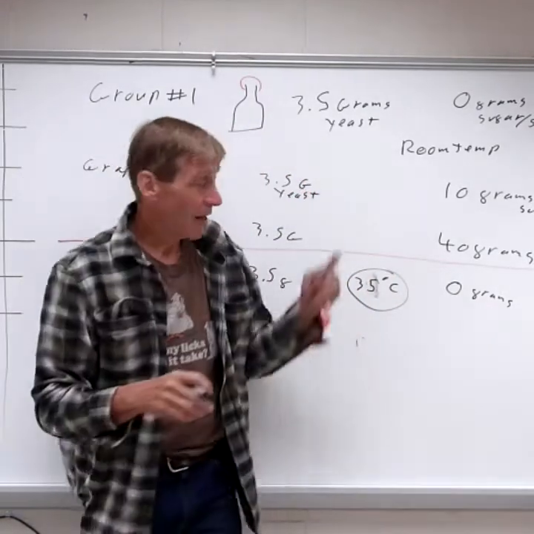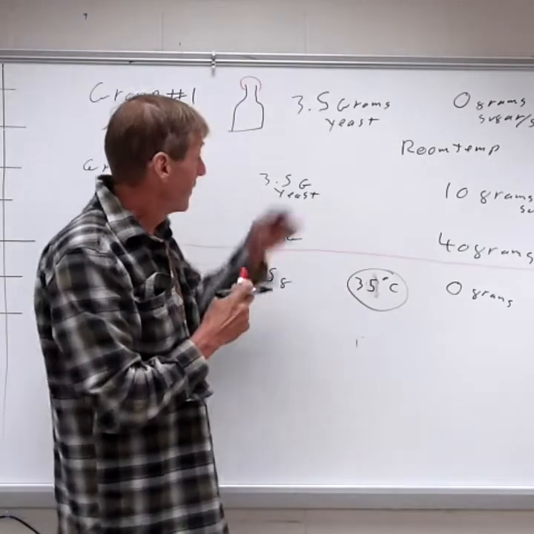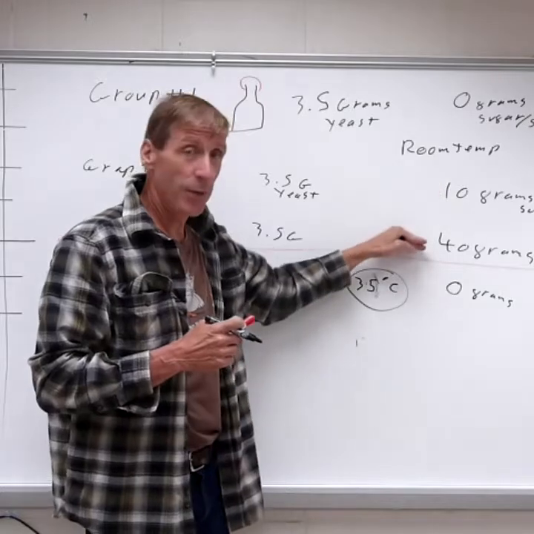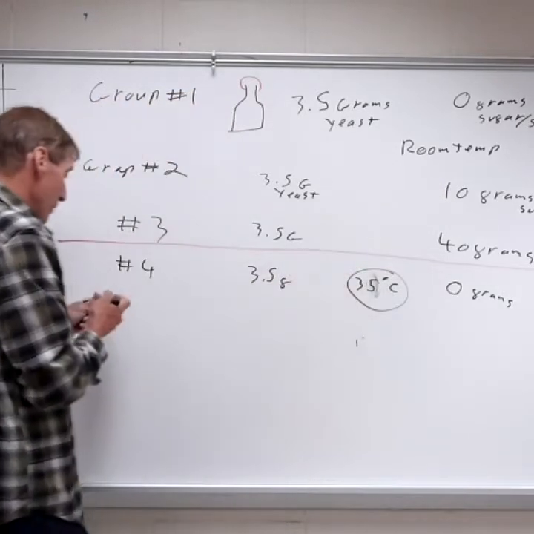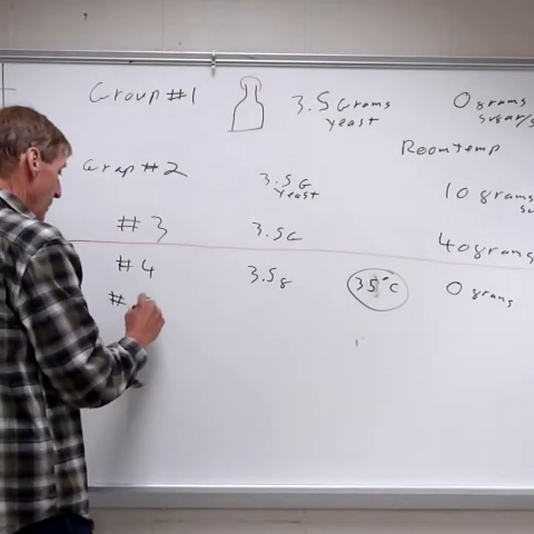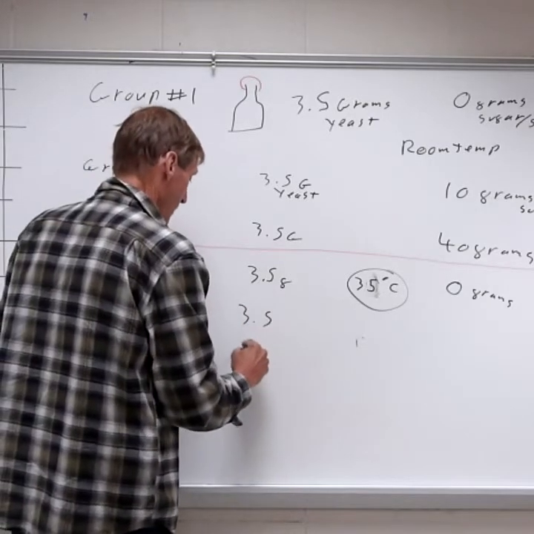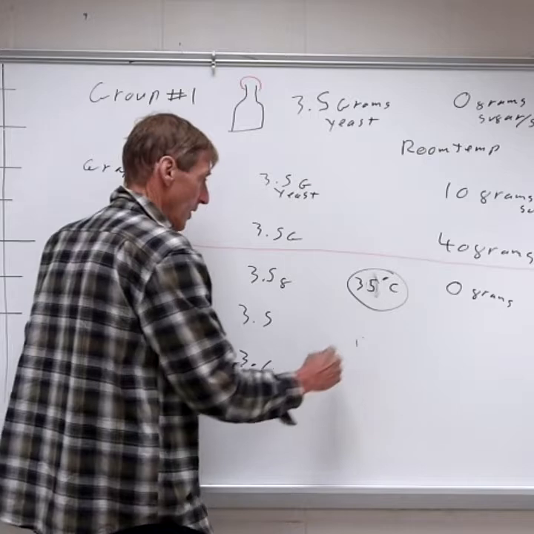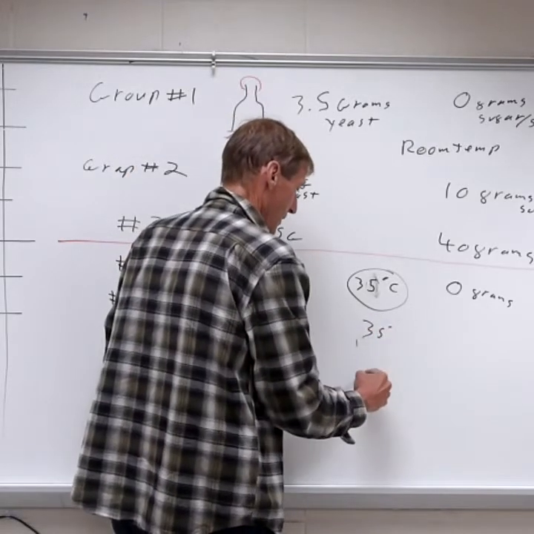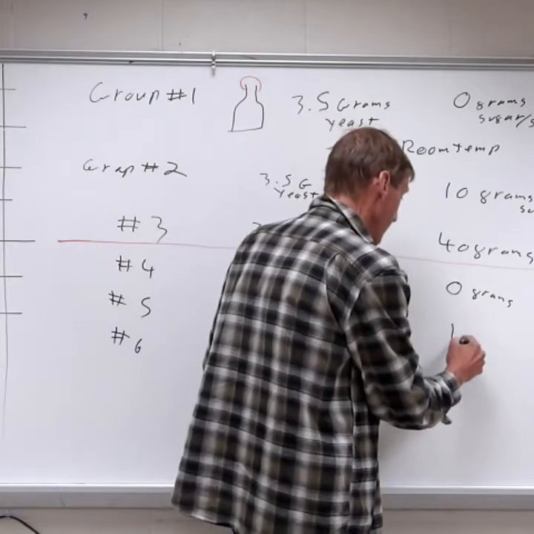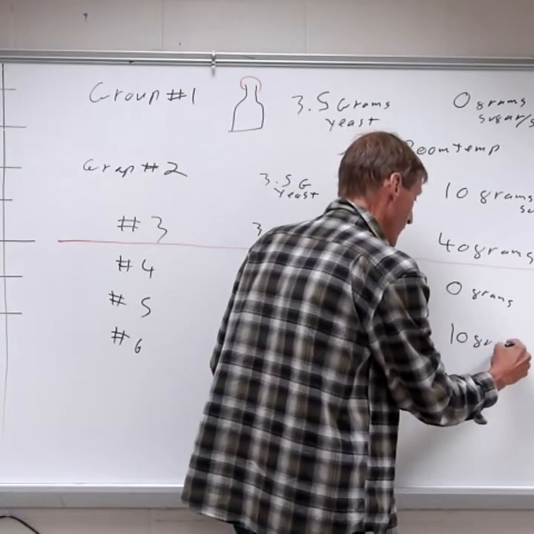So we'll have 3 flasks at room temperature, 1 with 0, 1 with 10, 1 with 40 grams of sucrose. We'll have another 3 flasks, number 4, number 5, and number 6. They'll all have the same amount of yeast, all be at 35 Celsius. So it's pretty warm, it's close to body temperature. But again, grams of sugar will vary.